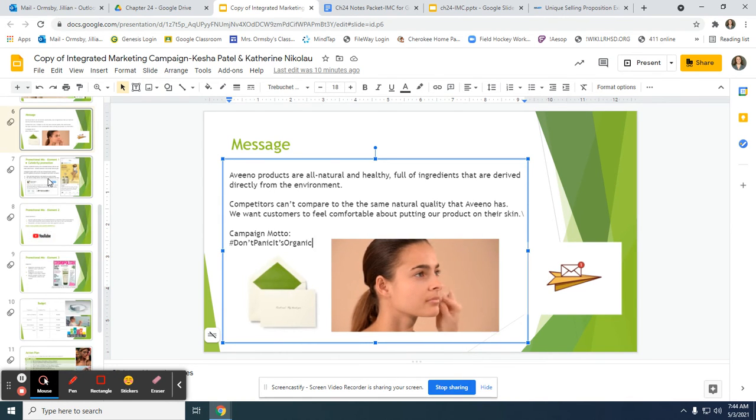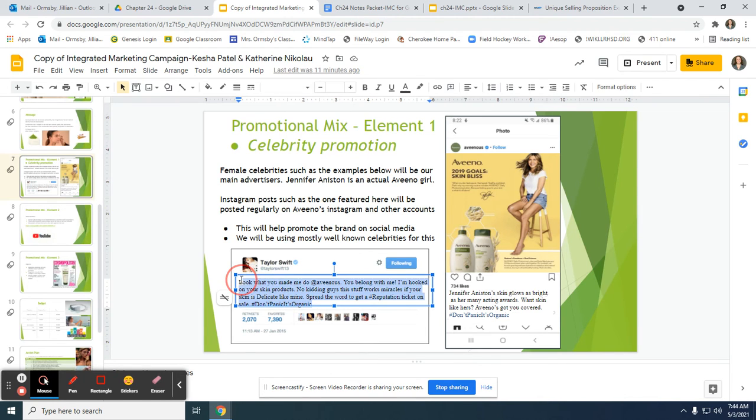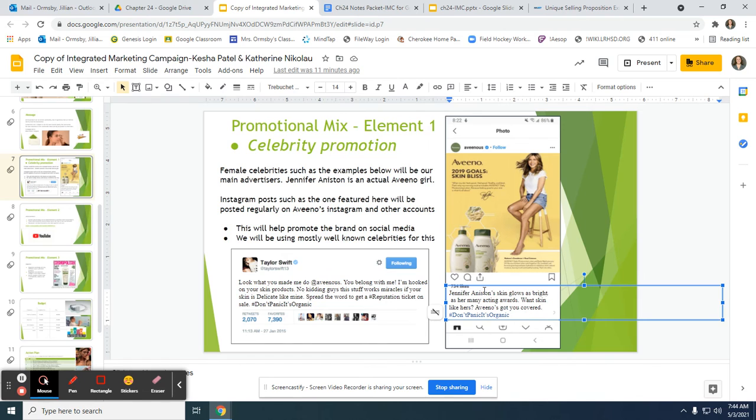So then they selected multiple types of elements. Here, the first promotional element is going to be celebrity promotion, and they actually made examples of some Instagram posts that could have been done by celebrities. So they chose celebrities who would best represent their brand, and they made these little posts that would have been done by these celebrities utilizing that hashtag Don't Panic, It's Organic.